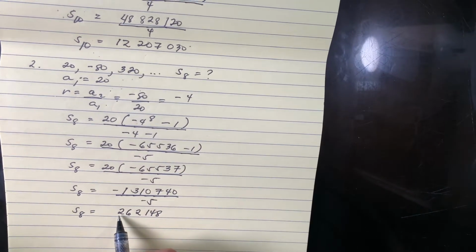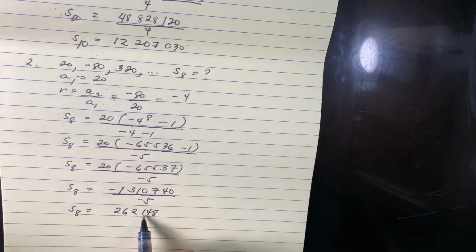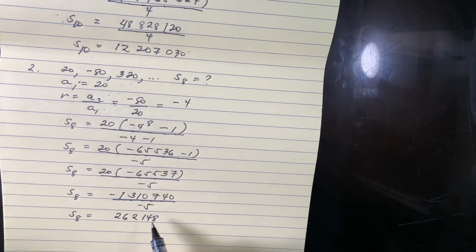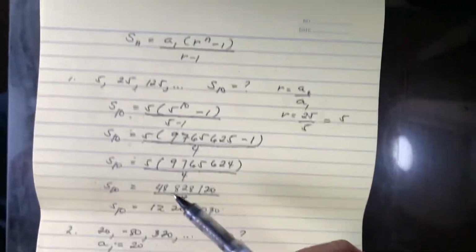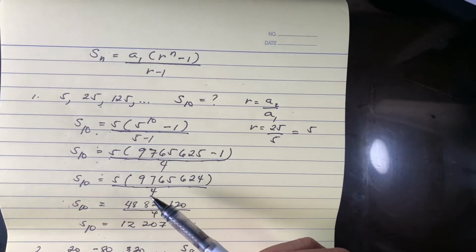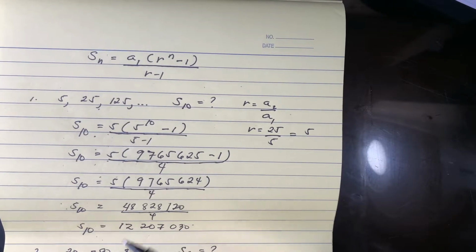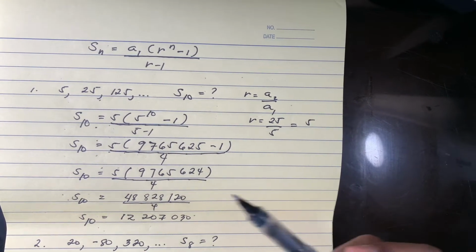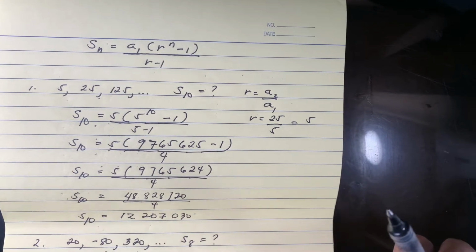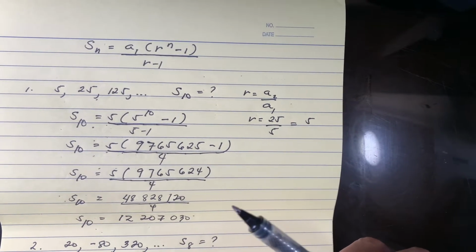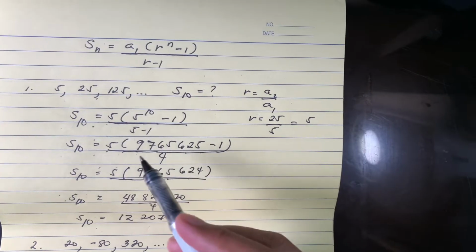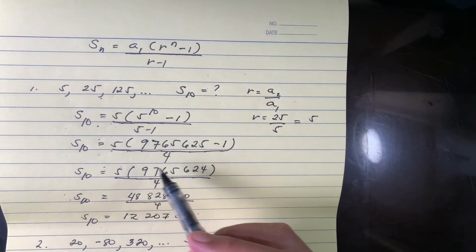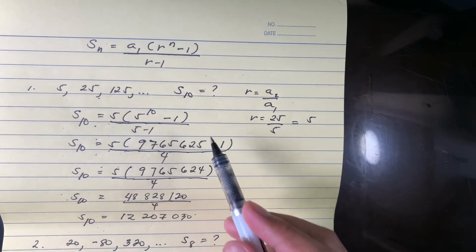So the value of the sum of the first 8 terms of this geometric sequence is equal to 262,140. So always remember that getting the sum of the first n terms would always talk about series. So again, a geometric series is known as getting the sum of the terms in a geometric sequence.